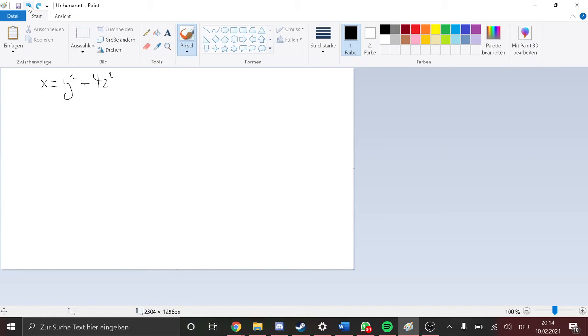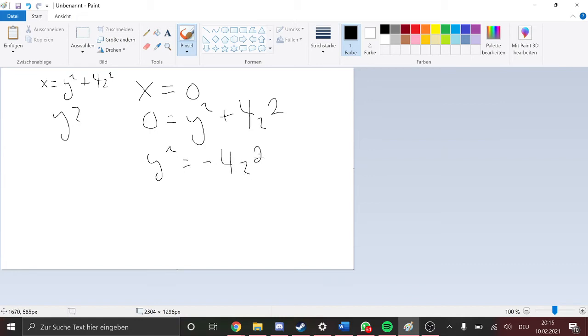So for the yz plane, we have to set x equal to 0. This will give us the equation 0 equals y squared plus 4z squared. And then after rearranging, we get y squared equals minus 4z squared. We cannot have a negative coefficient in front of the z value, since this would give us a square in the imaginary numbers, which is not something that we want to do right now.